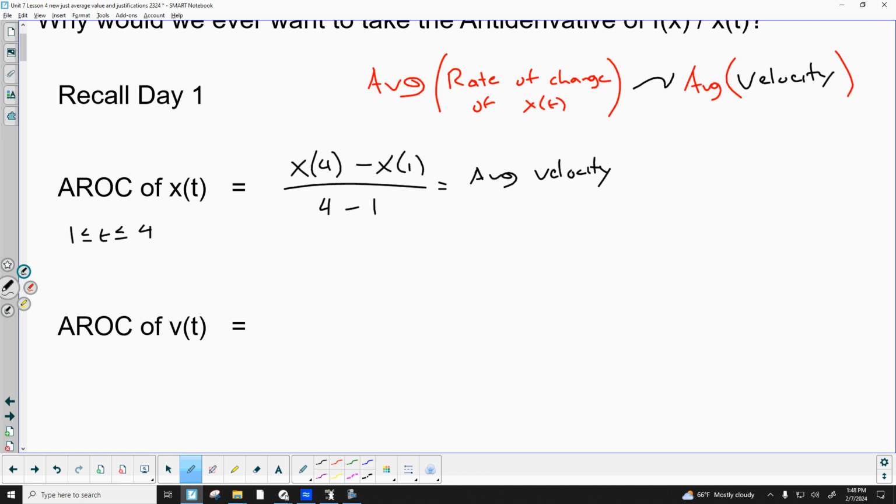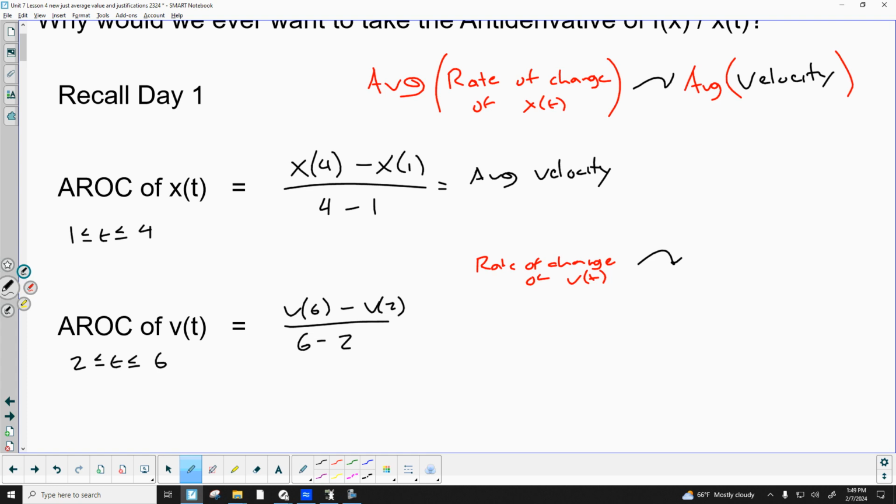Okay? And we could show the same thing for the average rate of change of velocity. Let's just pick a random interval 2 to 6 to find the average rate of change of velocity. We are going to find the slope of the secant of velocity. Cool? But same thing, if I ask you what are all the words for rate of change of v, you would say, oh, slope of v, derivative of v, or acceleration.